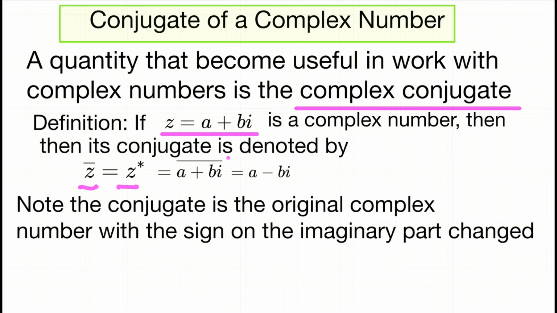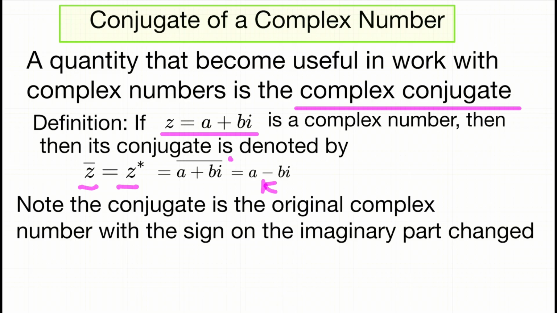And that designates the conjugate of a complex number. It's super simple to create the complex conjugate. You just change the sign. Instead of a plus bi, it's a minus bi. It gets a little more involved as we go on, but that's really the bottom line about converting to a complex conjugate.